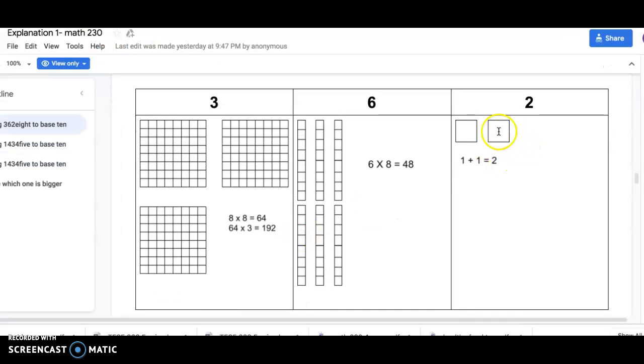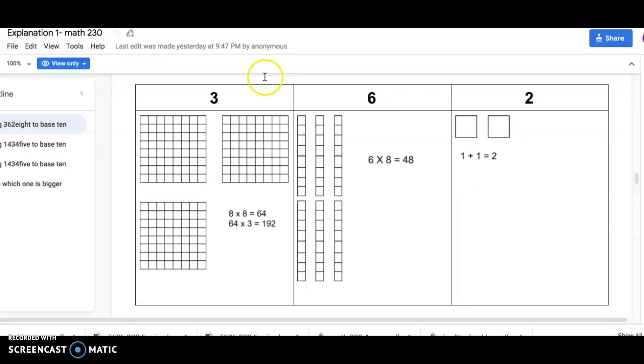With these cubes, for our 362 base 8, we're going to have 3, 6, 2 in our hundreds, tens, and ones columns. In our ones column, we have 2 small cubes, so 1 plus 1 equals 2. In our tens column, we have 6 longs, and each of them has 8 small cubes in it since we are in base 8, so 6 times 8 is 48.